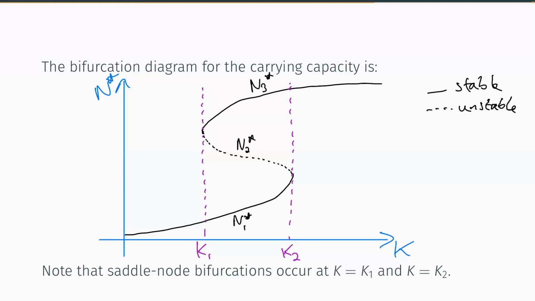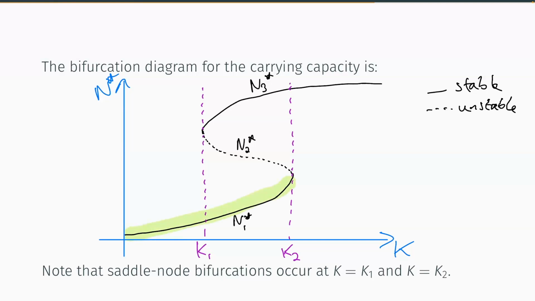Okay. So let's think about what might happen. How does this relate back to this problem of spruce budworms? Remember at the start that every so often, every few decades, there's an explosion in the population size. So suppose we start off somewhere along this branch here. This is saying for a relatively low carrying capacity, there is some stable population size, N1 star.